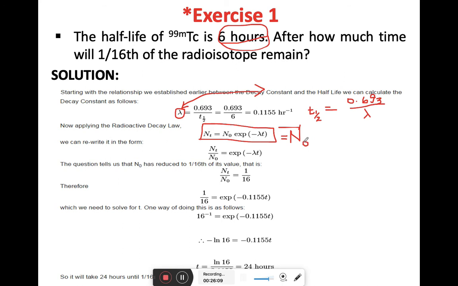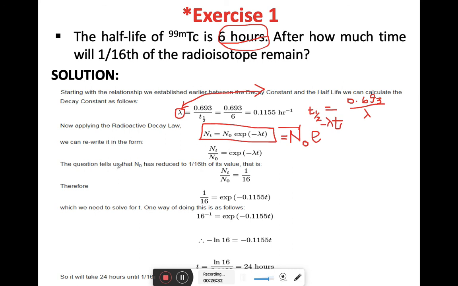This is how we write it down in the form of a mathematical equation: N over N naught equals e to the power of minus lambda t.